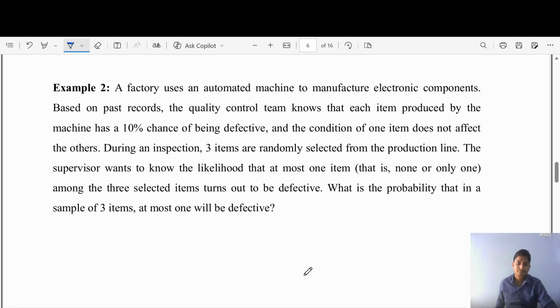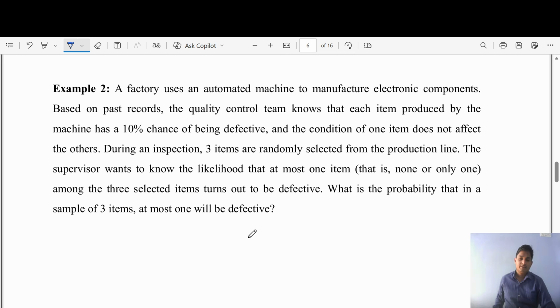Now, this is another question given. A factory uses an automated machine to manufacture electronic components.